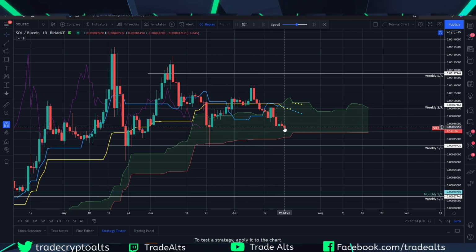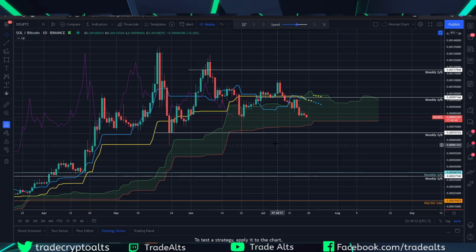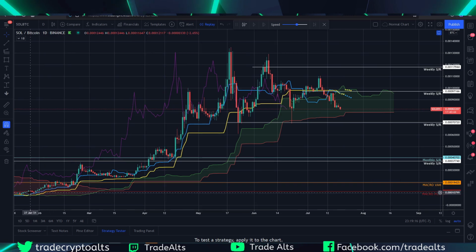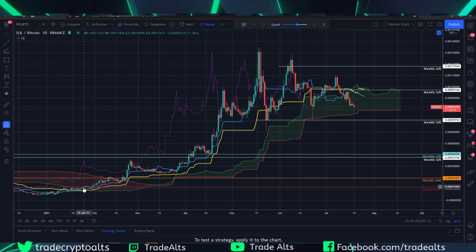But the way that it's looking at the moment, it does look like we're going to come a bit lower for sure. The thing that I would be looking for, if I'm looking at just strictly Ichimoku, is you don't want to see price closing below the cloud. You haven't seen that at all on Solana since, you're talking beginning of the year.